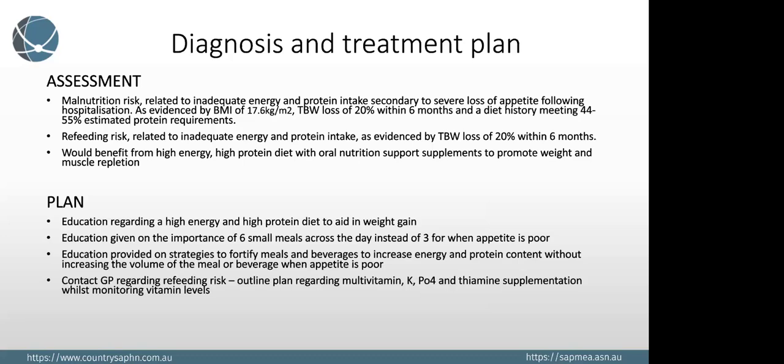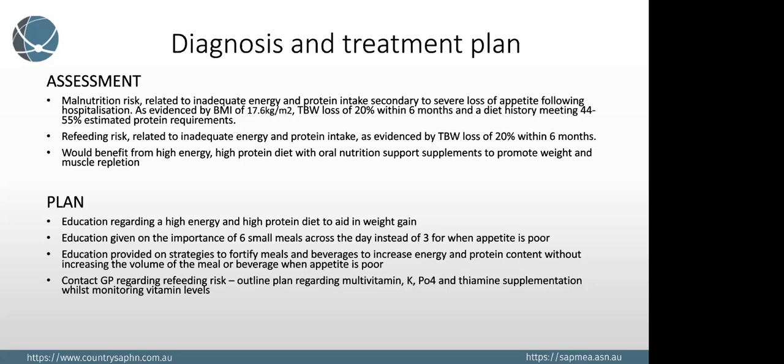She is a refeeding risk because of the high body weight loss, more than 20% within 6 months, as well. She would benefit from a high protein, high energy diet with oral nutrition support supplements to promote her weight and muscle repletion as well.